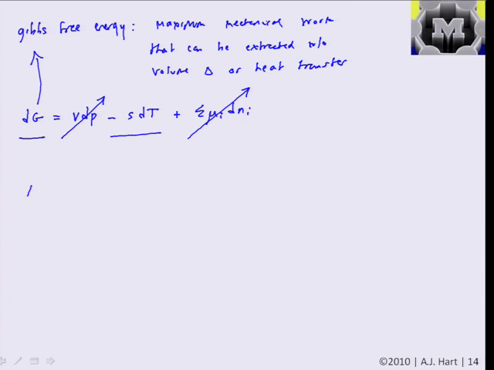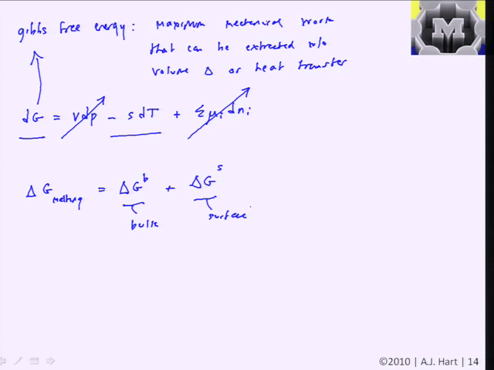And then we're going to define that the total change in free energy of our little particle system when melting occurs, so delta big G at melting, is equal to the change in free energy of the bulk plus the change in free energy of the surface. So what we're going to do is first calculate delta G bulk, and then calculate delta G surface, and then add them up, and then define this stability criterion and say what is special when melting happens.